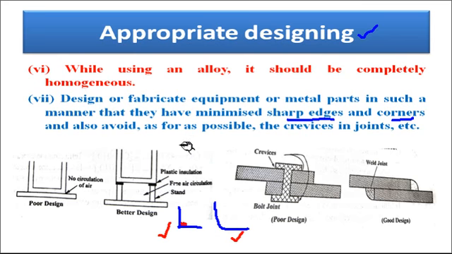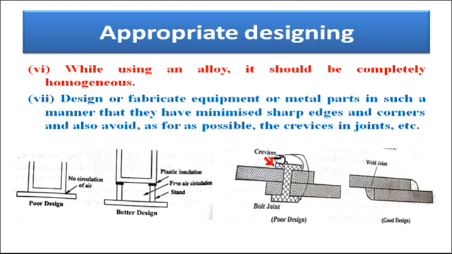So the structures should be made in such a way that sharp edges and corners are minimized, and as far as possible we should avoid crevices in the joints. Suppose we want to join these two metallic structures. If we are using different bolts to join these two metallic structures, then there is the possibility of forming crevices between them.